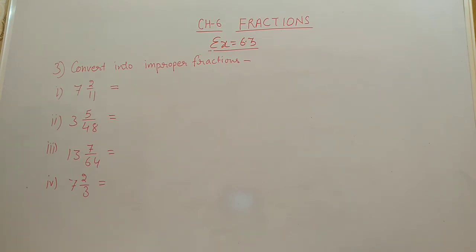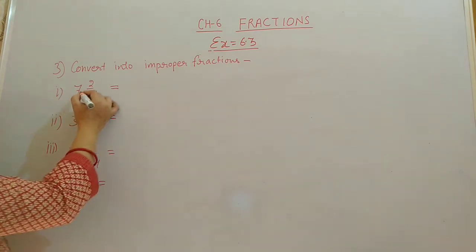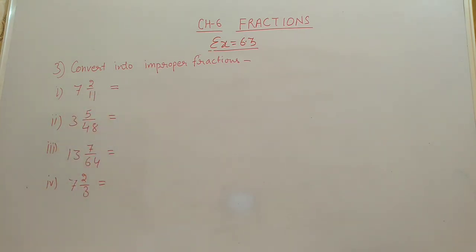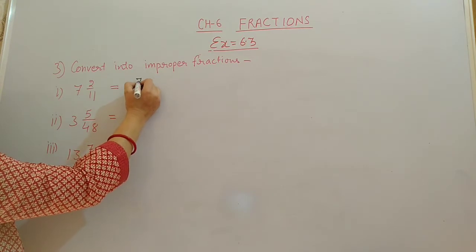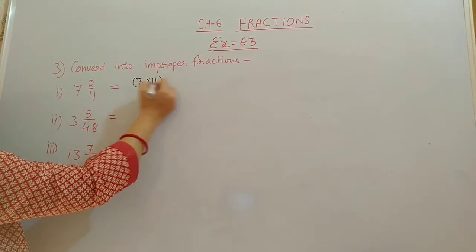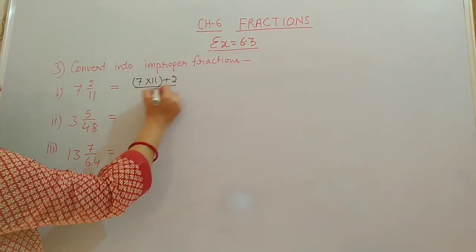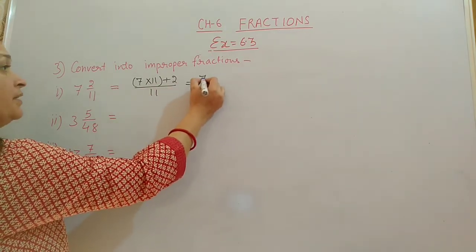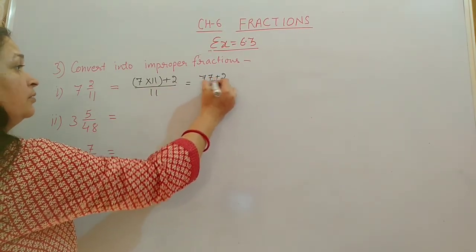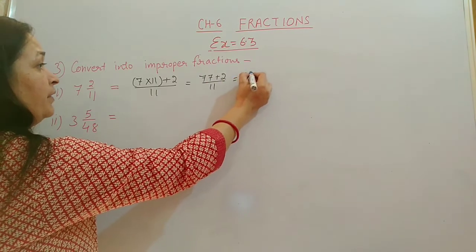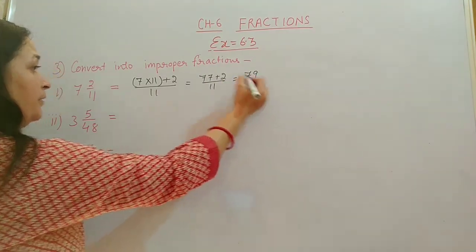Next, question number 3, convert into improper fractions. First you have to multiply 7 into 11 and then add 2, over 11. 7 into 11 is 77, plus 2. You will get 79 by 11.